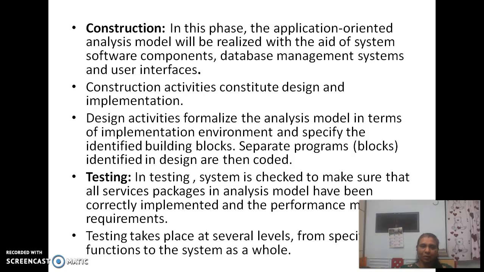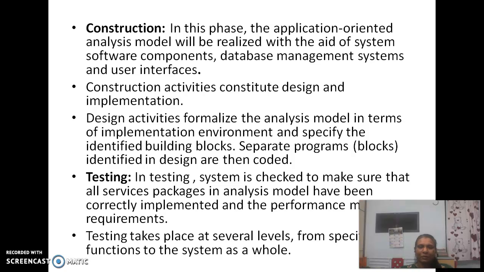Design activities formalize the analysis model in terms of implementation environment, and specify the identified building blocks. Separate programs or blocks identified in the design are then coded. So whatever way we try to model it, we create in terms of some separate blocks of code or some separate programs.